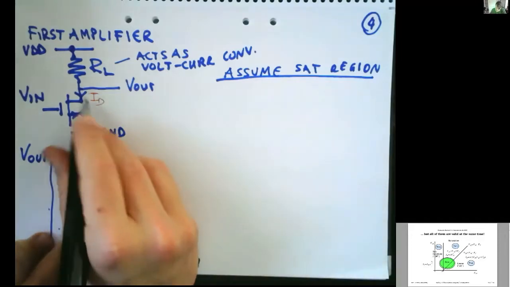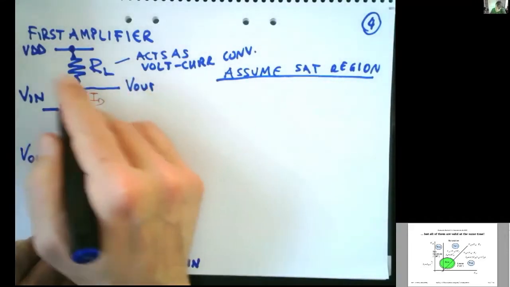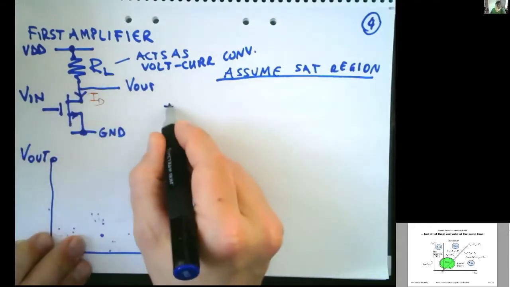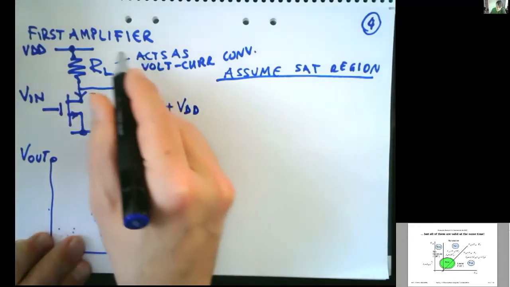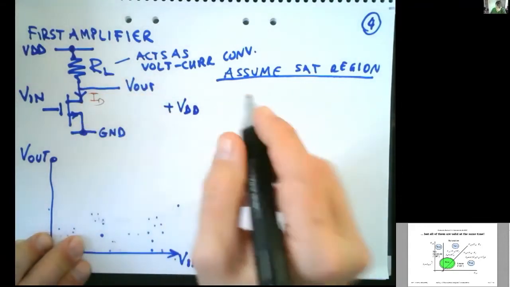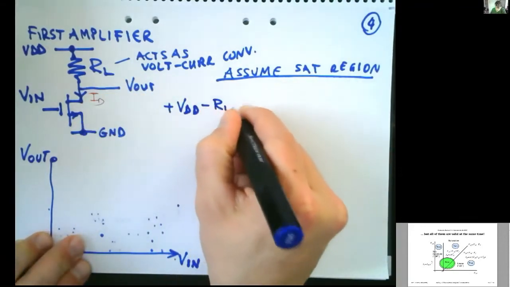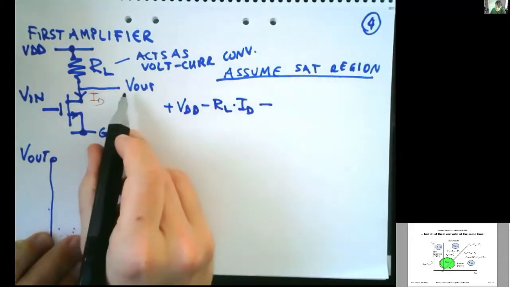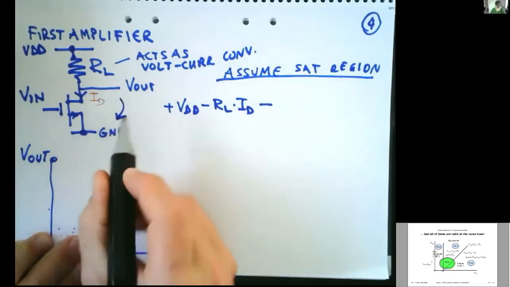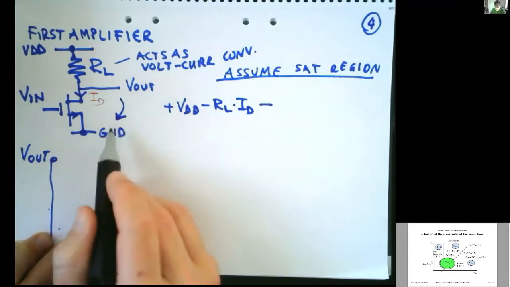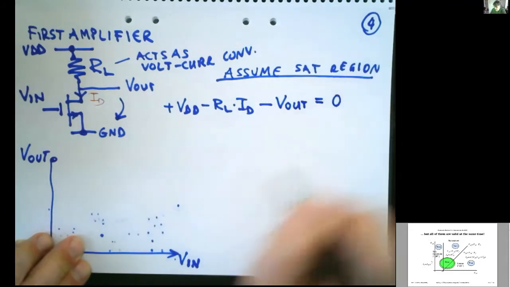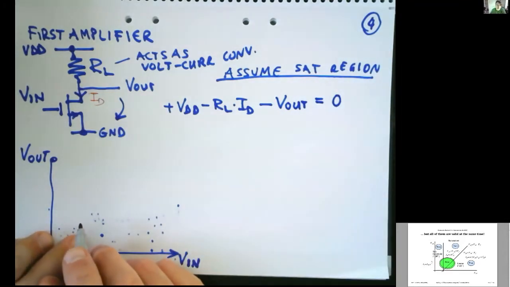So this current ID, we can calculate. What do we have? We have essentially KVL, Kirchhoff's voltage law. We just do a trip around here: plus VDD minus RL times ID minus VDS. And VDS is nothing else than V out minus ground, so V out, equal to naught.